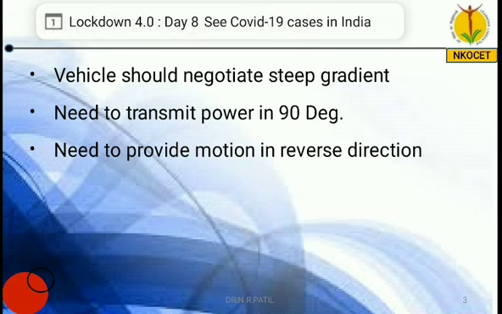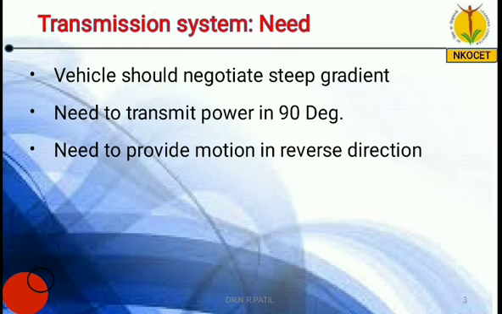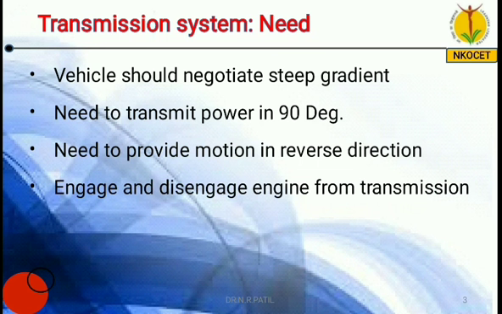Third one, need to provide motion in reverse direction. Again, this function can be achieved by means of gearbox only. Then engage and disengage engine from transmission. So you know friends, whenever you want to shift the gear, you operate clutch, isn't it? So clutch will help to engage and disengage engine from transmission.